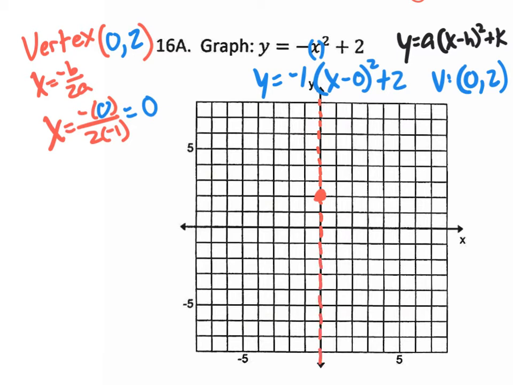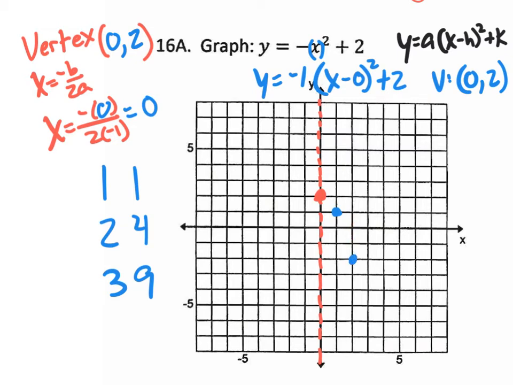Now we need more coordinates. Because this a value is -1, we could use the pattern 1, 1, 2, 4, 3, 9, and we don't have to modify it. And it is opening down because it's negative. So I'm going to go 1 over 1 down and put a dot right there. Then I'm going to go back to the vertex and go 2 over 1, 2, 3, 4 down, put a dot right there.